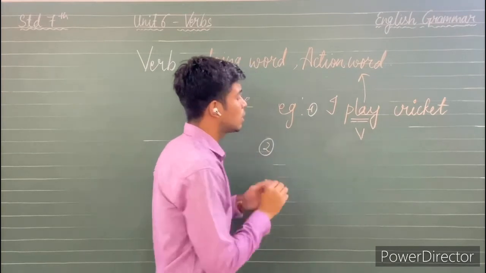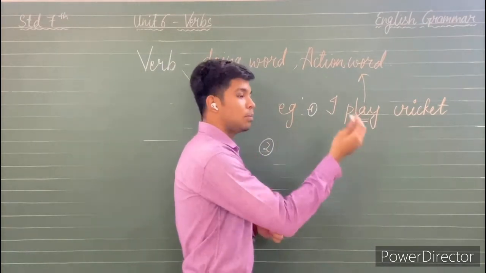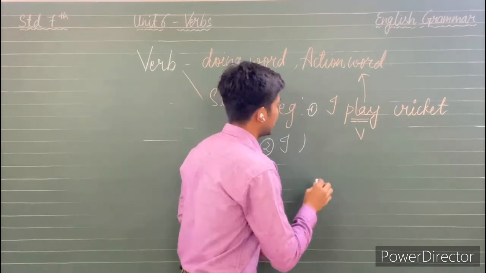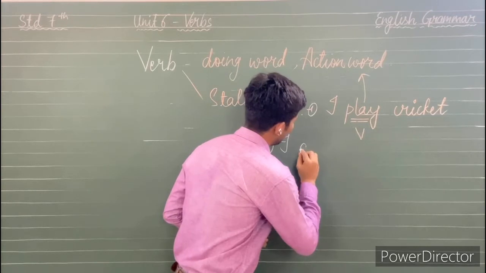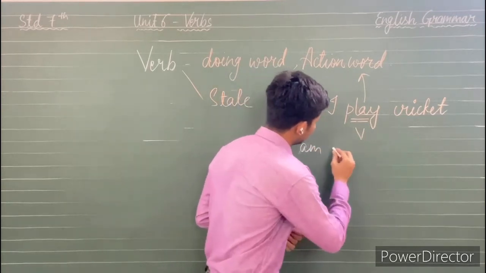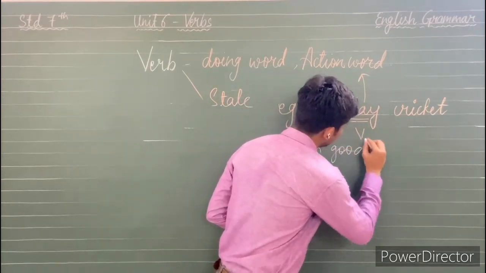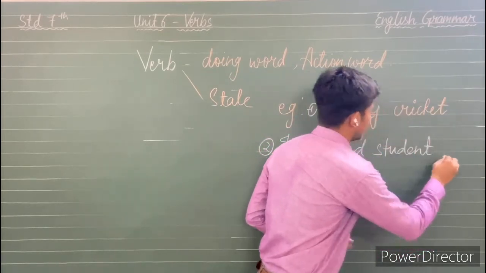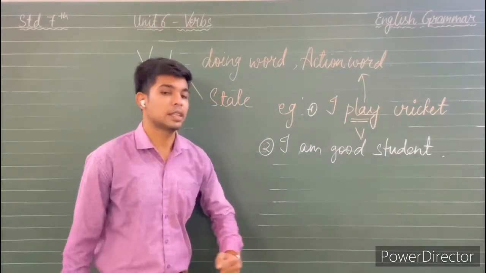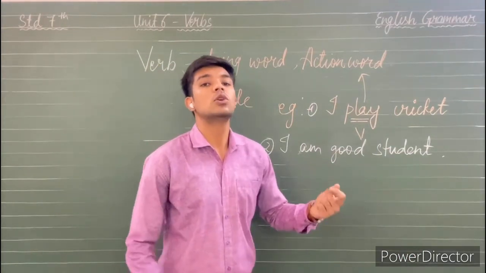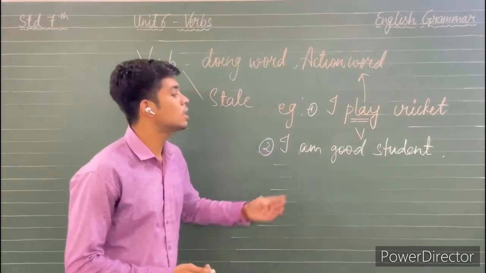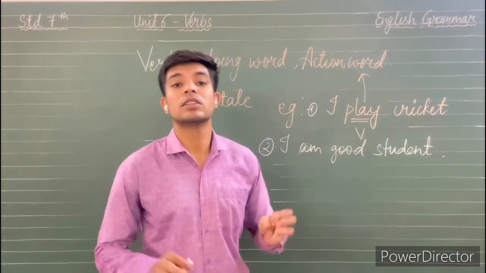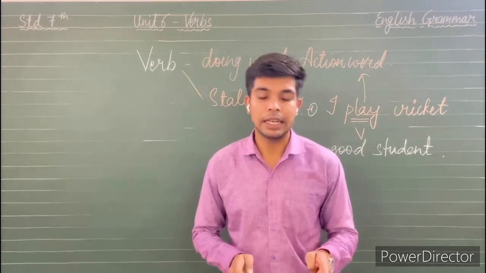In the second one, suppose I write a sentence like, I am a good student. Here there is no action word in this sentence. But whenever we write a sentence, it must contain a verb.